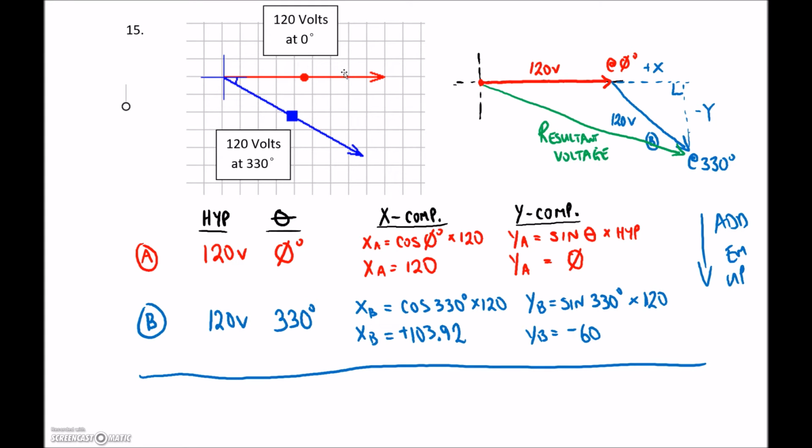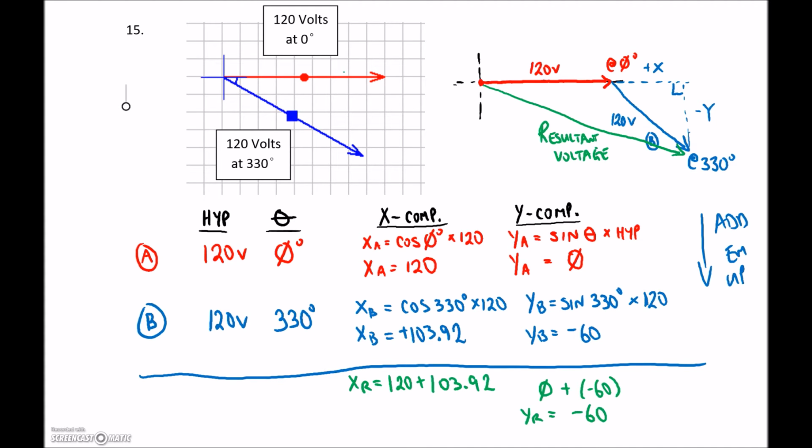So let's see. We've got 0 plus negative 60. So the y component for our resultant is going to be negative 60. And here for our x component, we're going to have the 120 plus the 103.92. The reason why we're adding these up is because they're happening on the same plane.